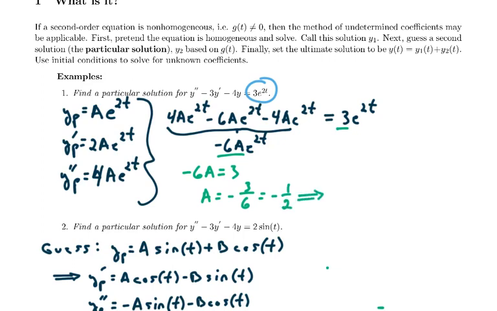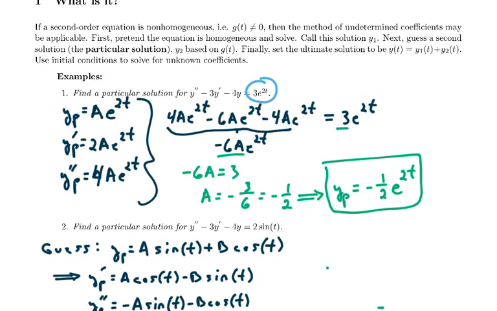And then that means that my final form of the particular solution is negative 1/2 e to 2t. Right, so this is the portion of the general solution that will give me the non-homogeneous part.